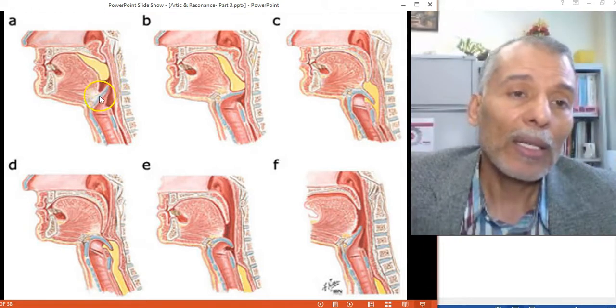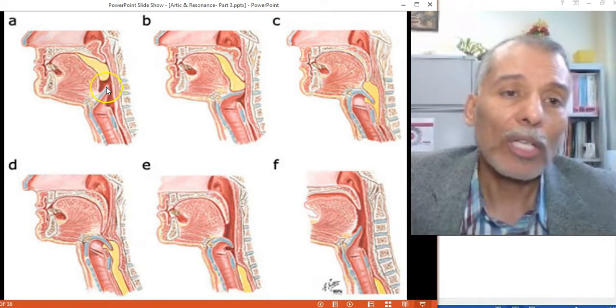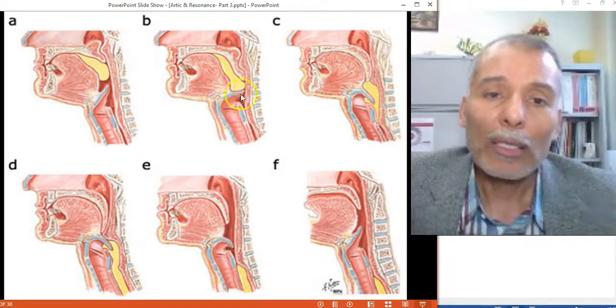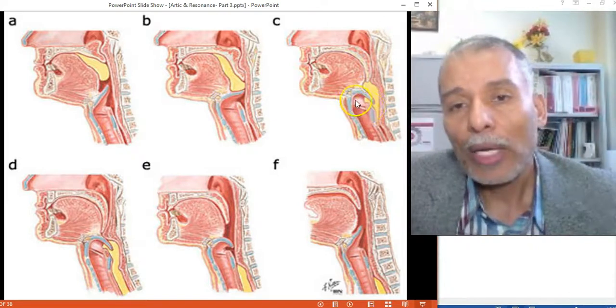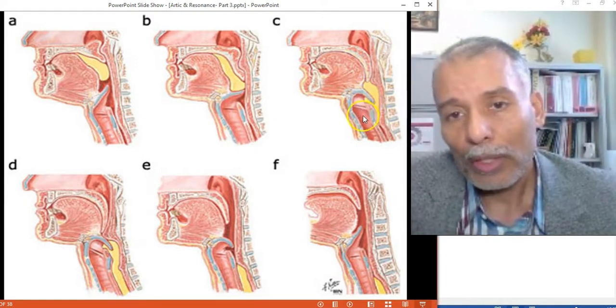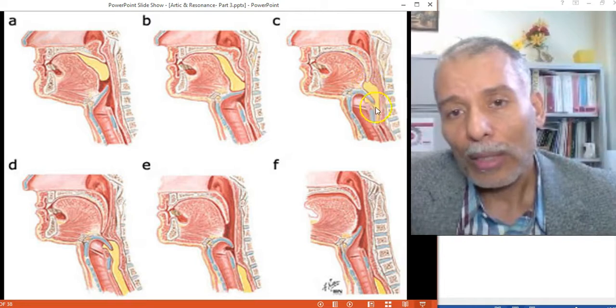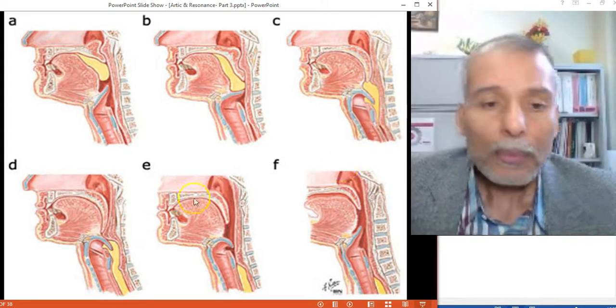Now you can see the epiglottis starting to tip over, and it's going to tip over to close, to seal, to protect the airway, which is here. You can see the airway is covered, and then the liquid is going down here.